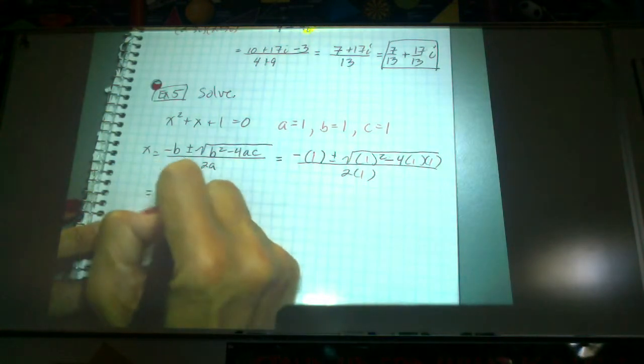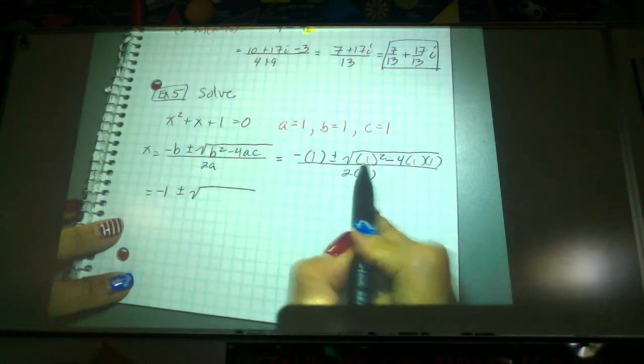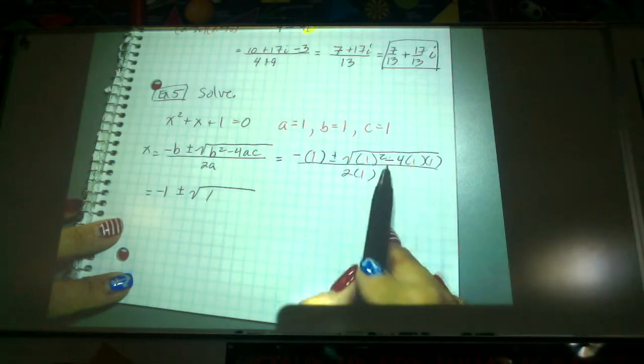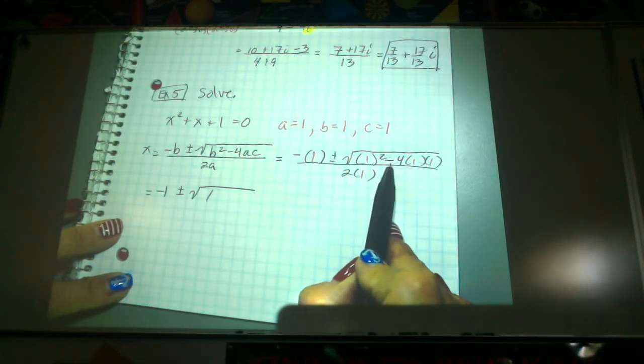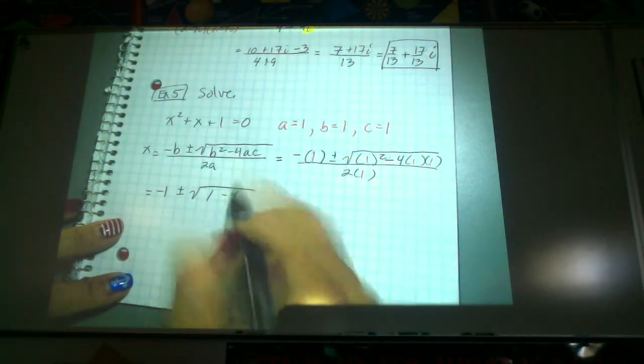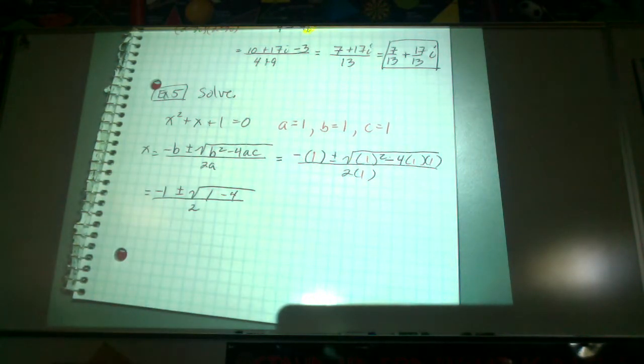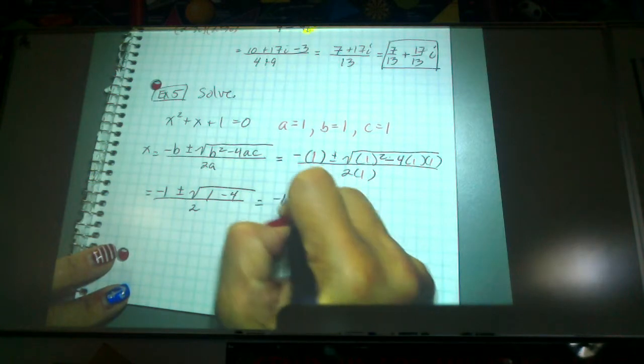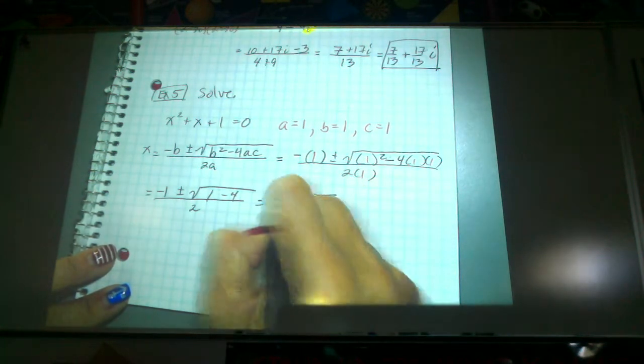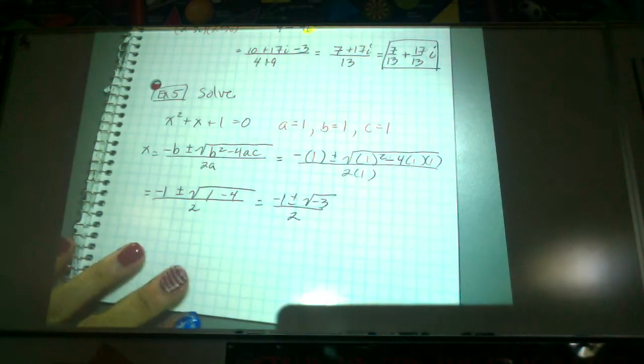Negative 1 plus or minus the square root of 1 squared is 1. I got 1 negative, so negative 4 times 1 times 1. Negative 4 all over 2. What's 1 minus 4? Negative 3 all over 2. How do you write the square root of negative 3?